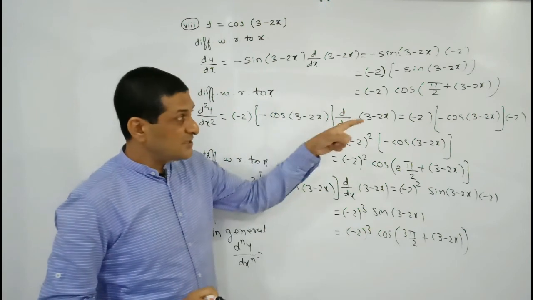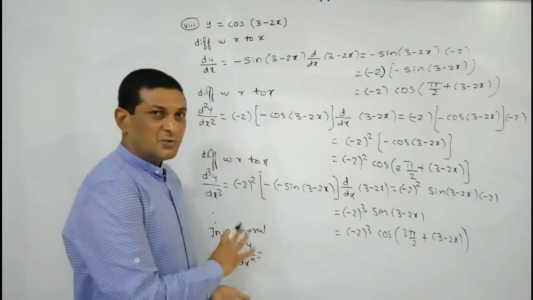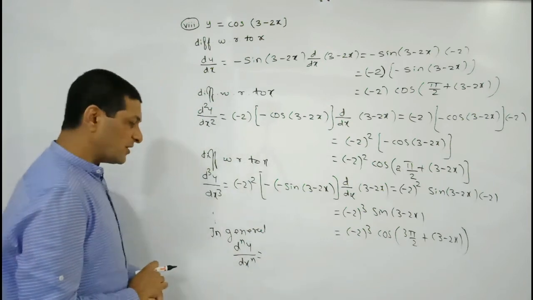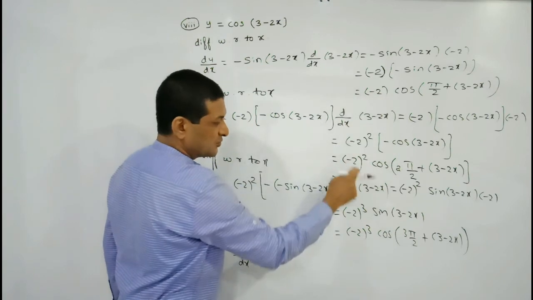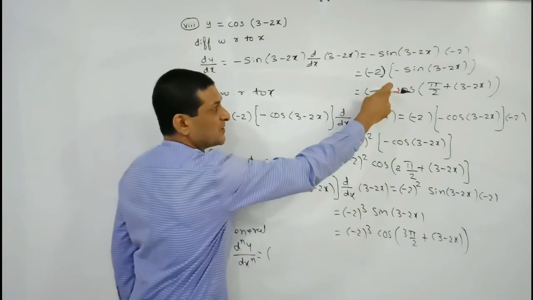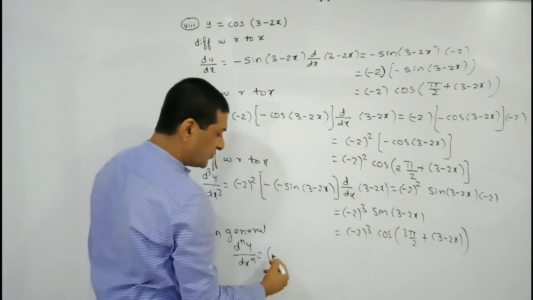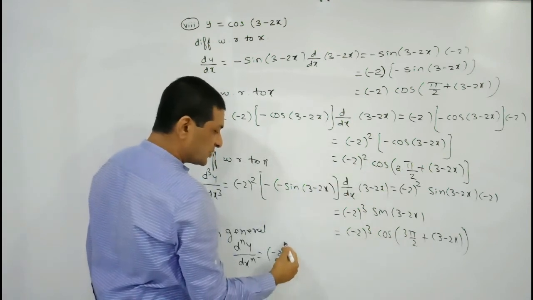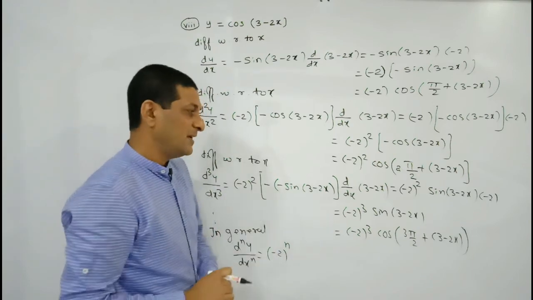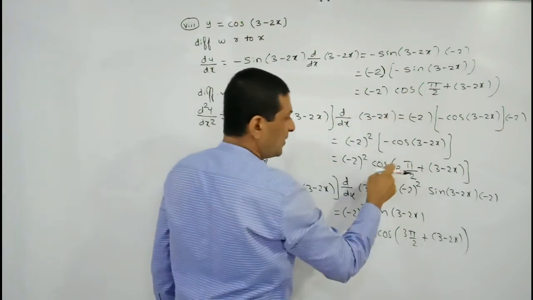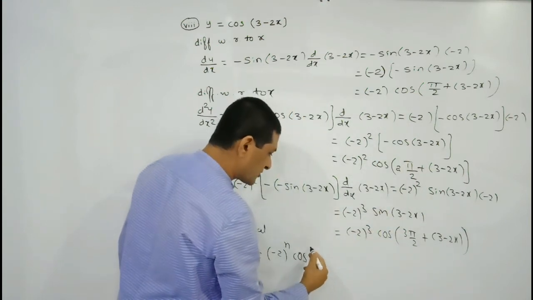Now observing these values, means the values of first order, second order and third order derivative, we are trying to find out the value of the nth order derivative. In every case observe that the first term is minus 2, minus 2, minus 2. In the first order derivative its power is 1, in the second order derivative its power is 2, in the third order derivative the power of minus 2 is 3. So we can say that in the nth order derivative the power of minus 2 will be n. Again here we can observe that the second term is in terms of cos, so here also definitely we will get cos.